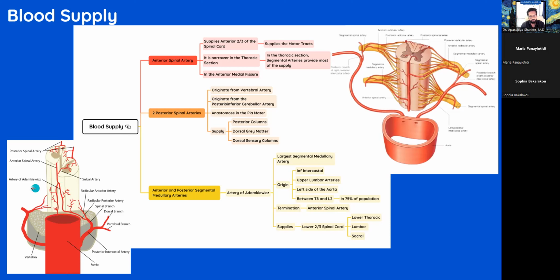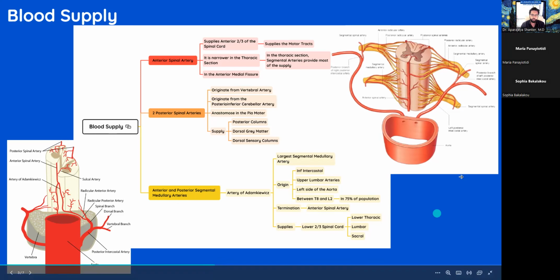And if the artery of Adamkiewicz is damaged during operation, or it has some kind of thrombosis, then you will have a pattern that looks a lot like cauda equina syndrome, but it's not entirely cauda equina syndrome, which is when all of the cauda equina nerves, the lower nerves, have lower amounts of perfusion and don't work as we expect them to, and there is a sensory and motor deficit.